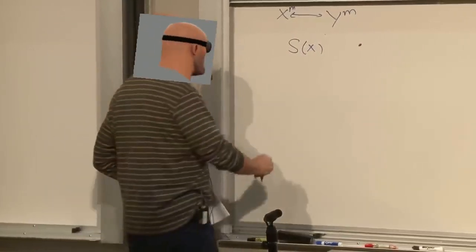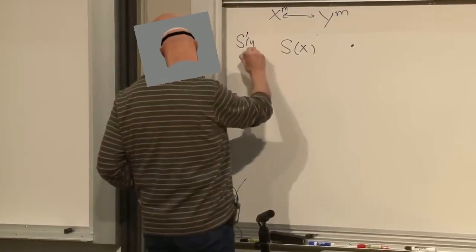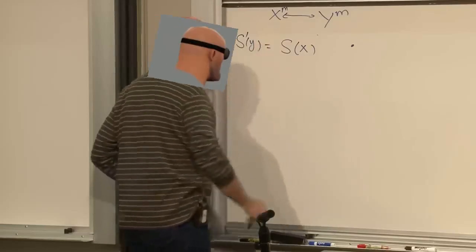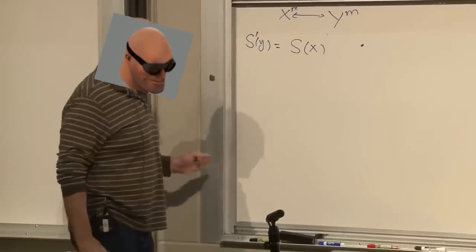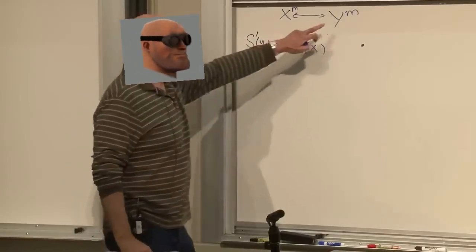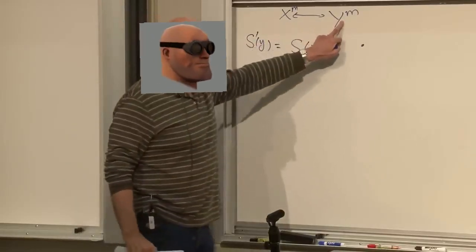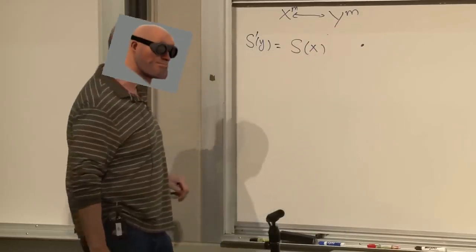So we can write that as S prime of y equals S of x. The prime here simply denotes the fact that I'm talking about a quantity in the coordinate system y. Without a prime, it will refer to the coordinate system x.